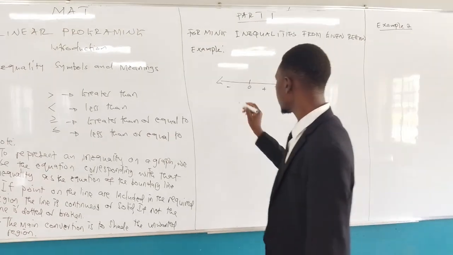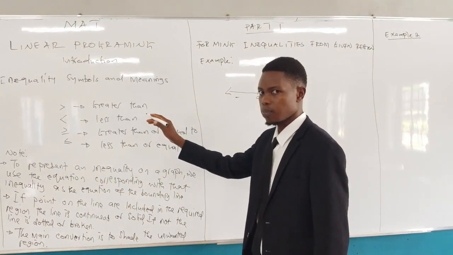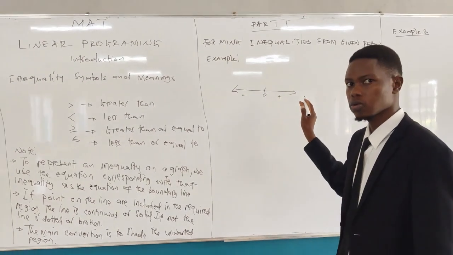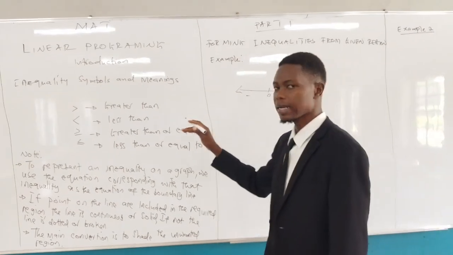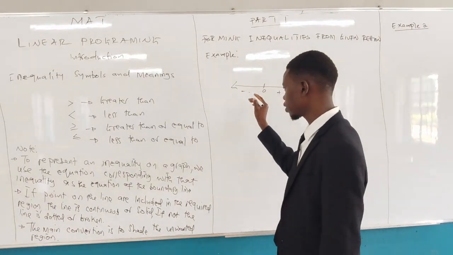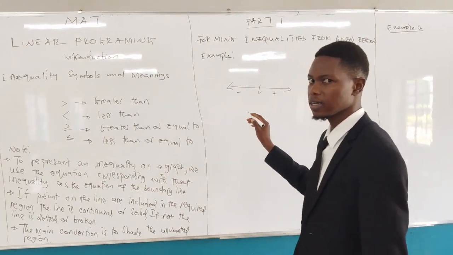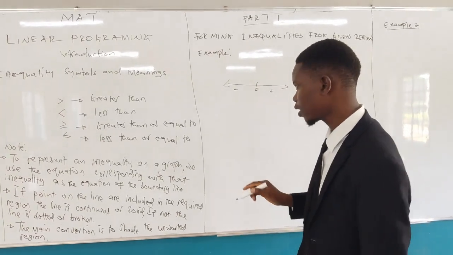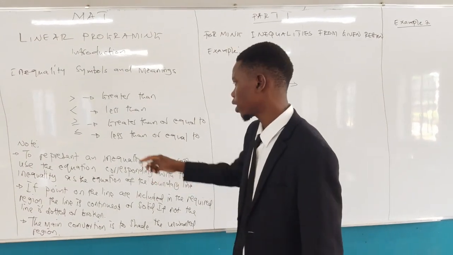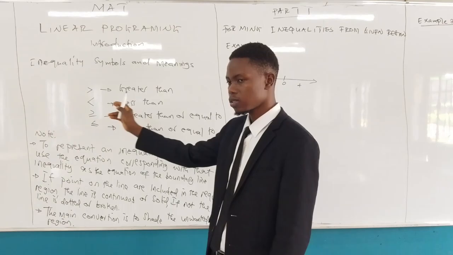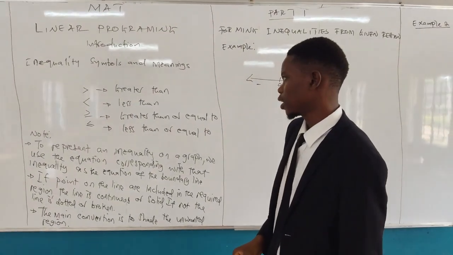So whenever our inequality points towards the right hand side, that one is greater than, while the inequality that points towards the left hand side, to the negative numbers, is less than. That's why we have greater than, pointing to the right hand side, and less than, pointing to the left hand side.